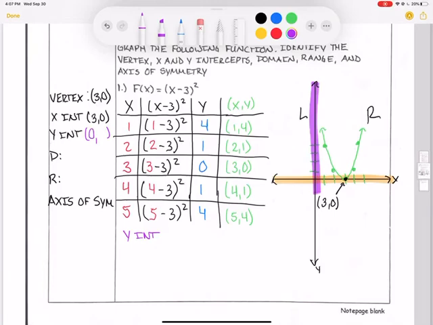So I can take my equation, which is y equals (x minus 3) squared, and replace x with 0. So y equals (0 minus 3) squared, or y equals (negative 3) squared, so y equals 9. This means that my y-intercept is at the point 0, 9, which would probably be around here.